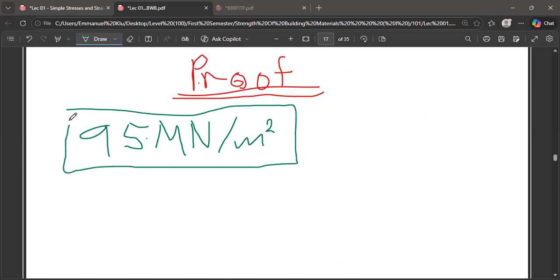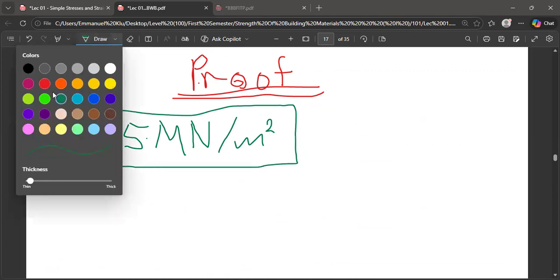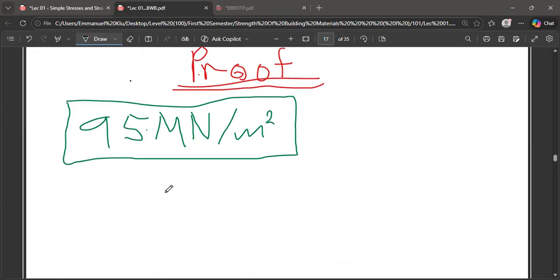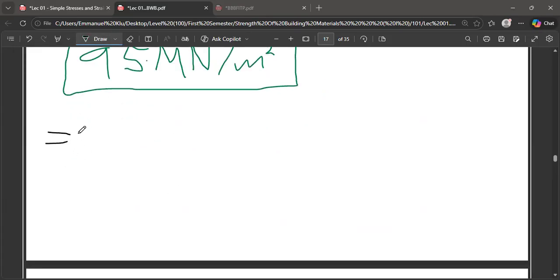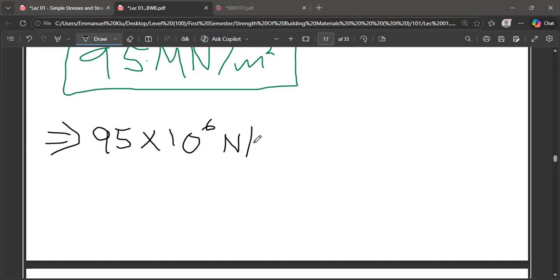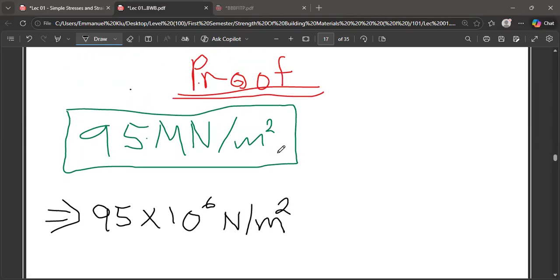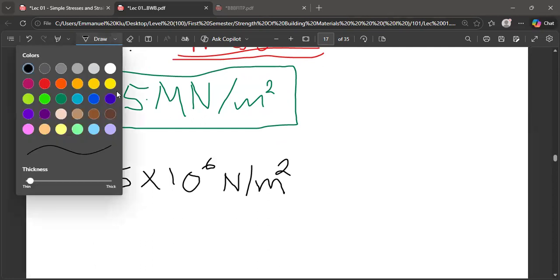And we are saying that this, from prefixes we learned just recently, is the same as 95 times 10 exponent 6 Newton per meter squared. Okay, good. Take note that whatever I've written over here can also be written like this.